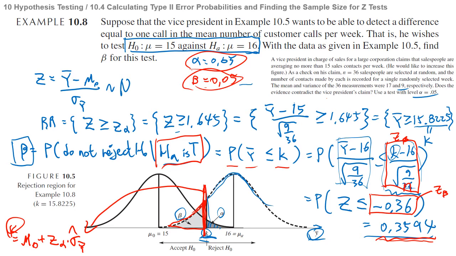This is k under the null hypothesis, and this k is mu alternative minus z beta times standard error of y bar.